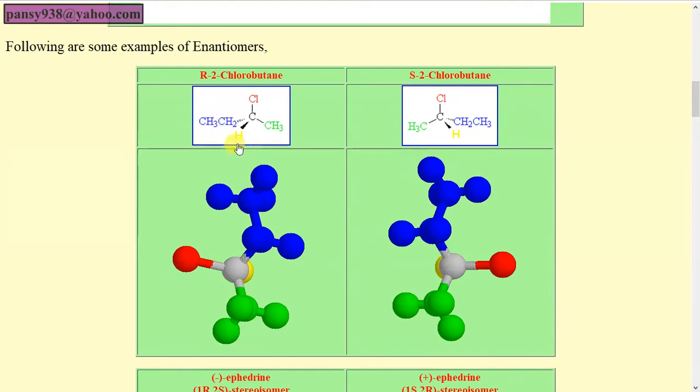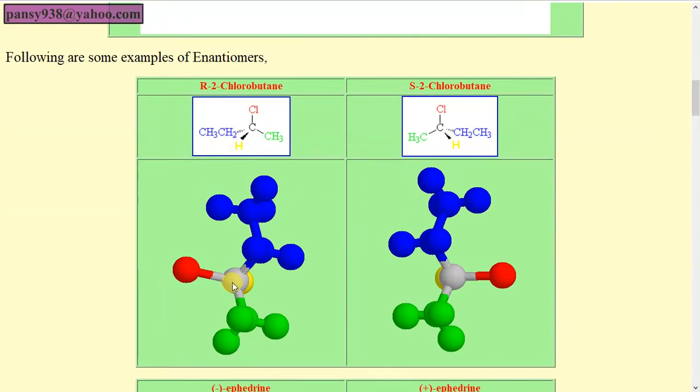The hydrogen is at the backward side in both cases. The methyl, you see that it looks like a mirror image in both cases. This one, the chlorine is at the left side, and here it is on the right side. Both the molecules are mirror images of each other.